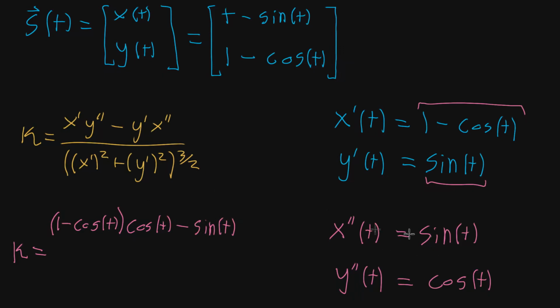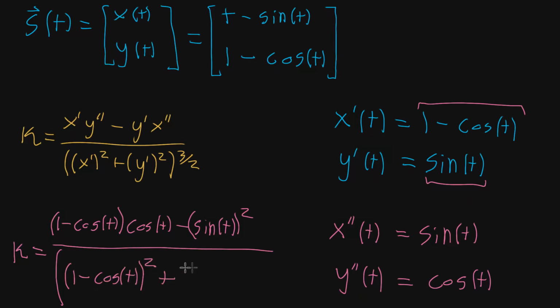So x double prime is also sine of t, so I could just say sine of t squared. And the whole thing is divided by x prime squared. So x prime was 1 minus cosine of t squared, plus y prime squared. So y prime was just sine, so that's just going to be sine squared of t. And that whole thing to the power 3/2.